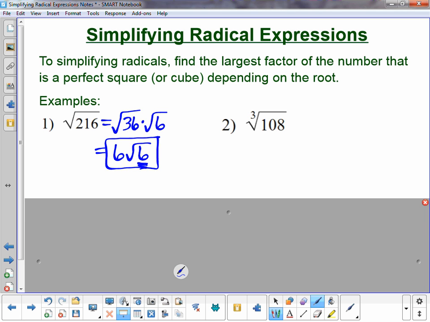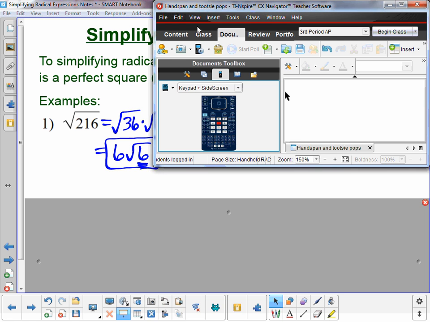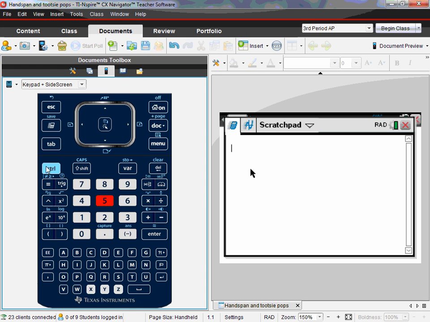So, let me show you something in your calculators. If we put in the original problem, the square root of 216, using the square root button, it will tell us the answer as a decimal. We still need to know how to simplify it and leave it as a radical.